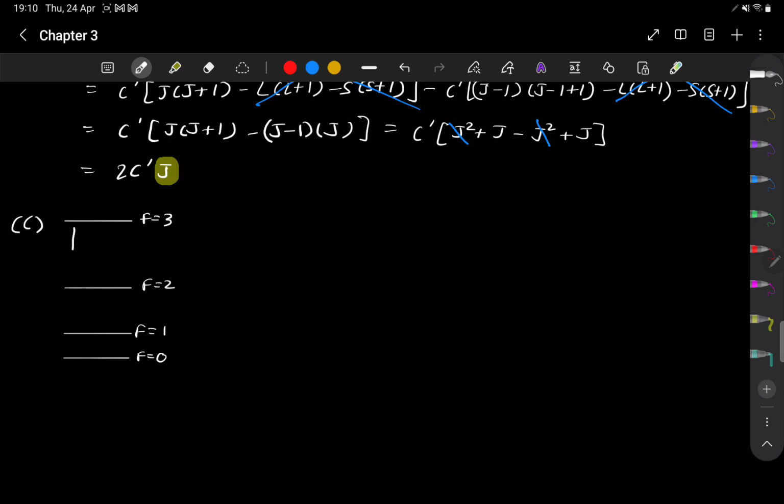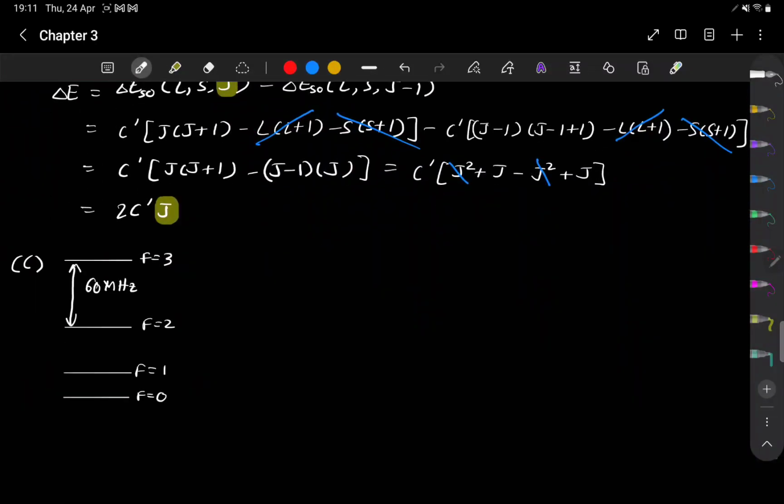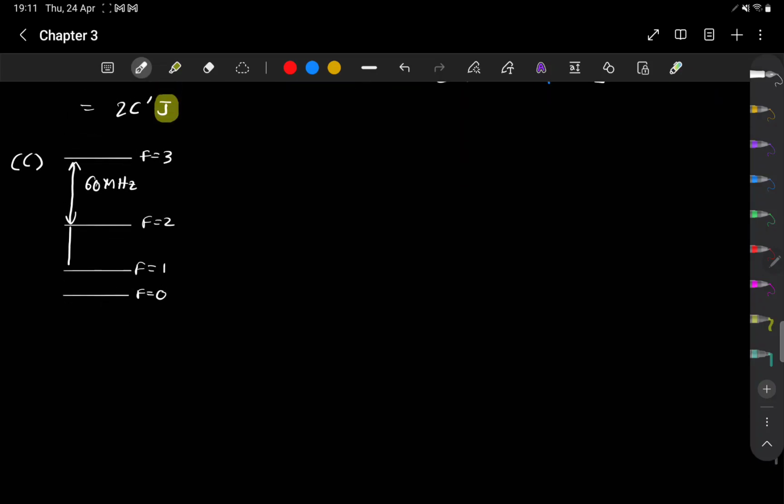This energy splitting we are given as 60 megahertz. Then the next one is 36 and then 17. This one is 36 and this one is 17 megahertz. So that's the frequency.